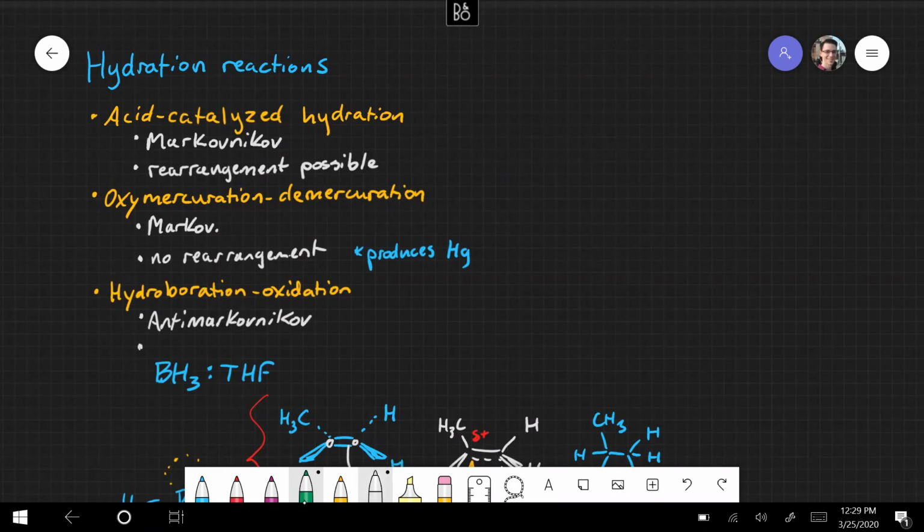No rearrangement. It is syn addition, which for ring examples could matter. They're both added onto the same side of the double bond, and it proceeds through an alkyl borane intermediate.